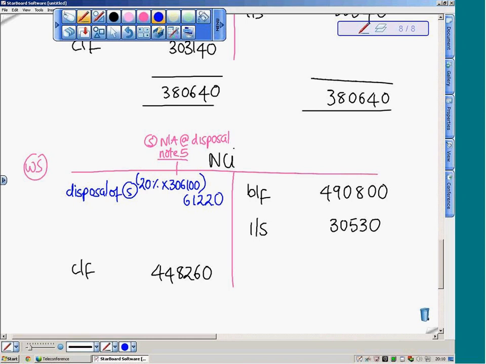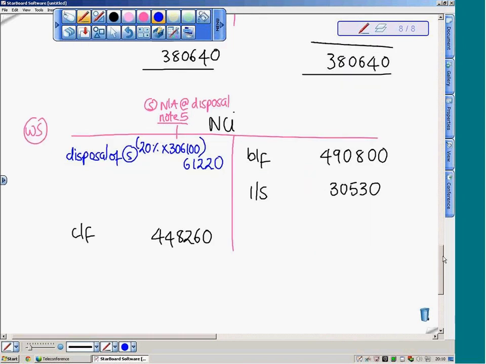Remember that if you have a subsidiary disposed of during the year, you're saying that part of the reason your NCI balance has changed is because you've got rid of the NCI relating to the subsidiary you've disposed of. Okay, so that's essentially that entry there. What you will find is a balancing entry for your dividends.